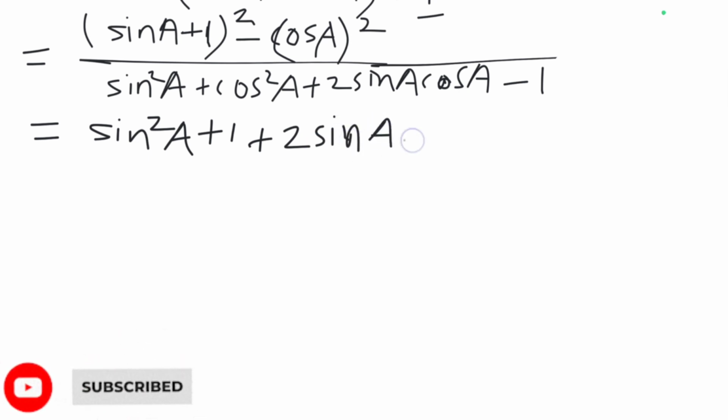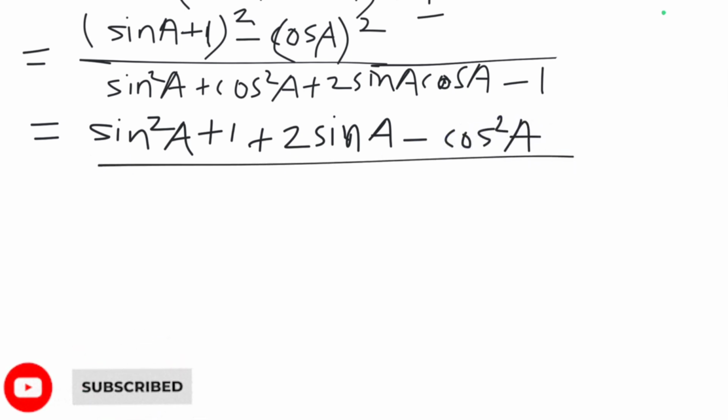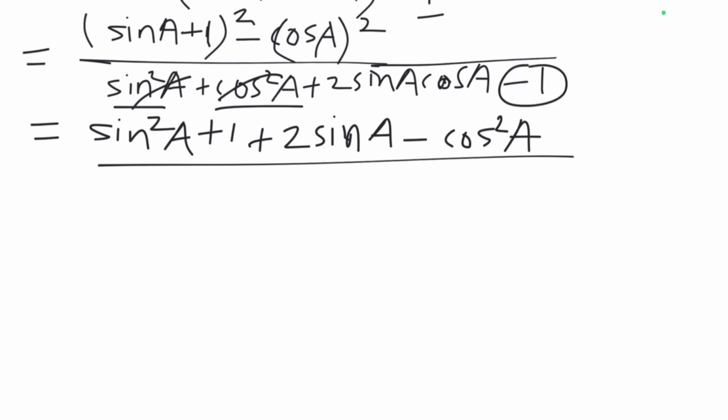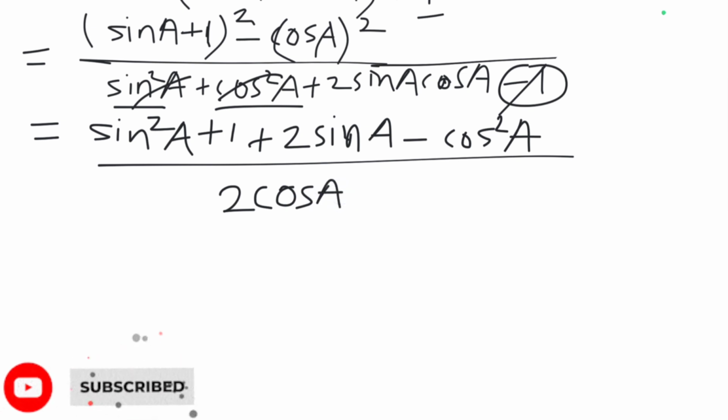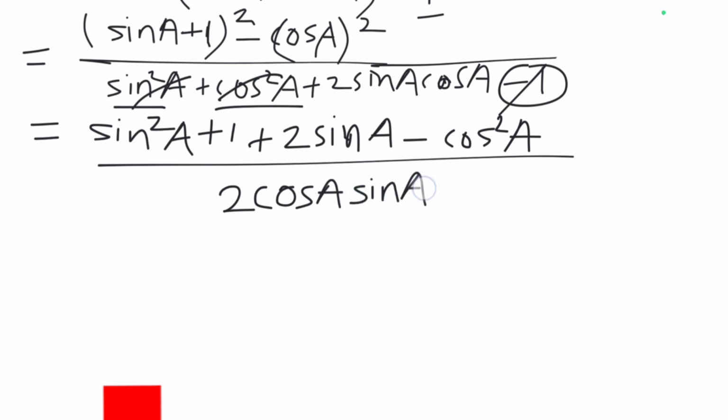Okay, sin A. What is remaining here? Cos square A. Okay. Sin square A plus cos square A, what is that? 1. Okay, so it will become 1, and what is minus 1? So sin square A plus cos square A is 1 and minus 1, it will become 0. So I will write here only 2 cos A multiplied by sin A.